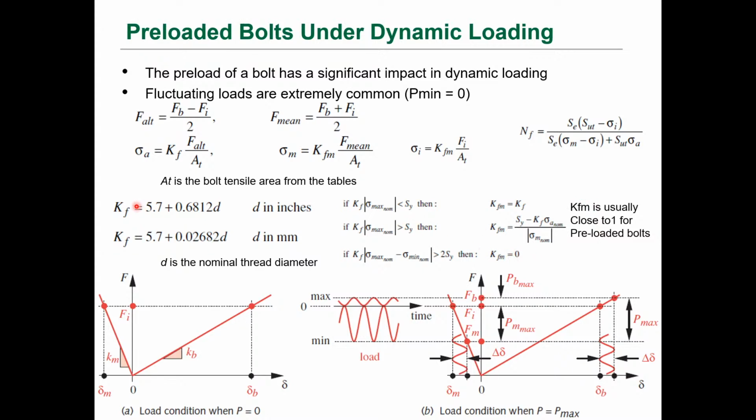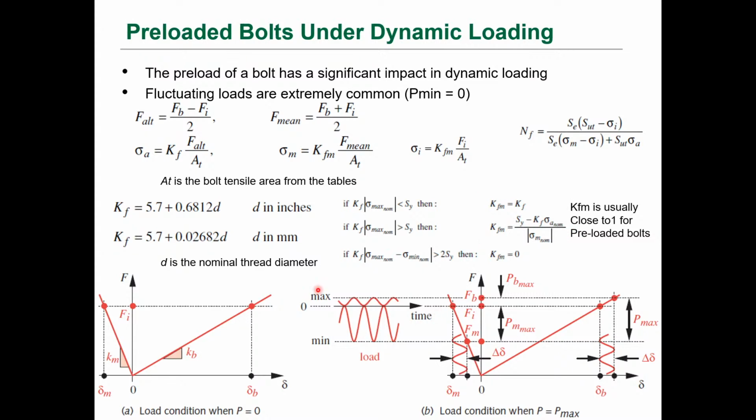So we look at this KF factor, and if the KF times the max nominal stress from the max load is less than the yield strength, then we just say KF is equal to KFM. If it's greater than the yield strength, then we use this equation here. And typically, KFM is close to 1 for preloaded bolts.